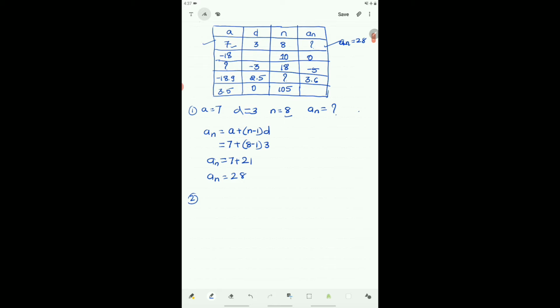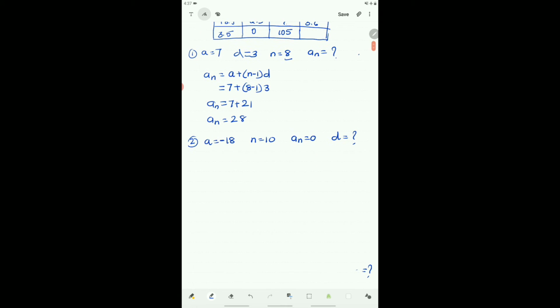In the second row, note down what is given. a is given, that is a is equal to minus 18, and n is 10. An is given, that is 0, and d is not given, so d is equal to question mark. Again you write the formula: An is equal to a plus n minus 1 into d.